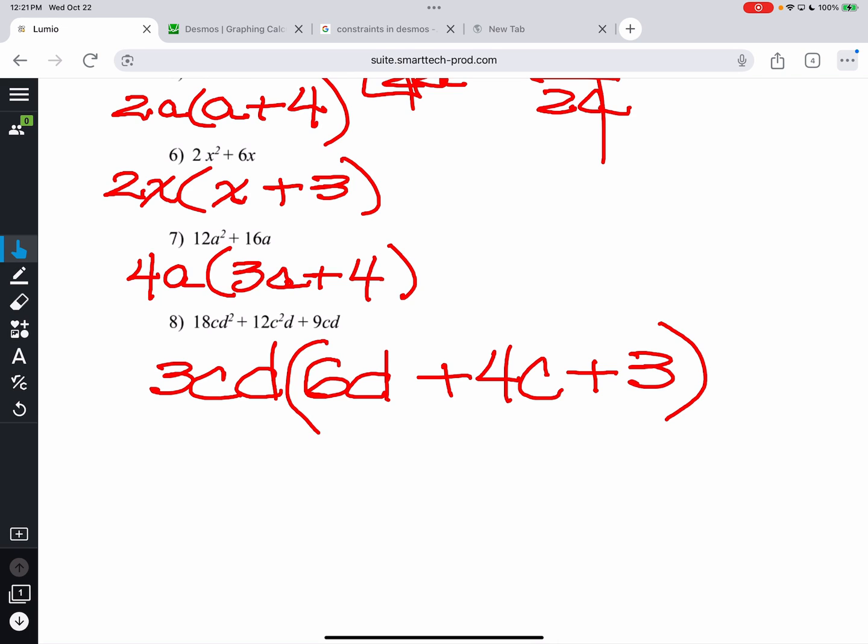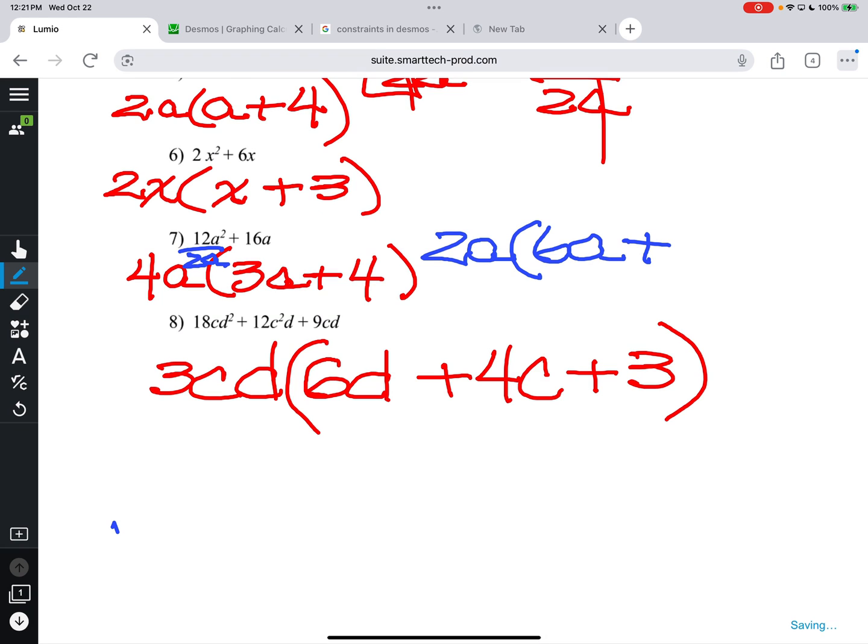I'm just going to say you're working your homework and you look at that problem and you say, oh, the greatest common factor is 2A. Let's look at what happens if you were to grab 2A as your greatest common factor. You would divide this by 2A and you would end up with 6A.